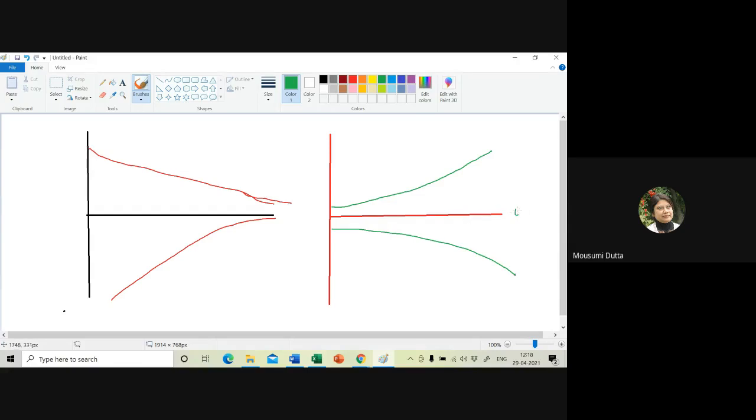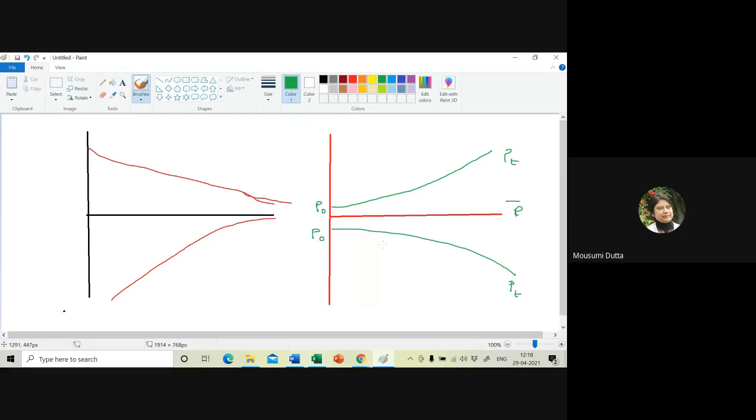Actually, this is the equilibrium price. This is one possibility. This is another possibility. Here, the initial price is starting from this position.